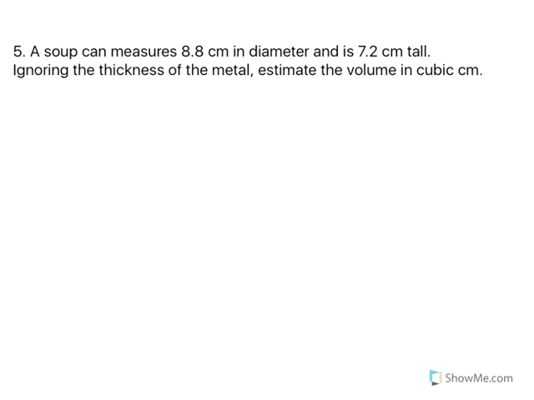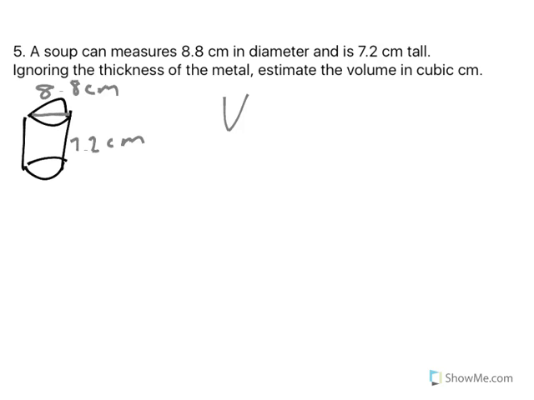All right, let's do some circulars, some cylinders here. A soup can. Think about a Campbell's soup can or something else, but we have a cylindrical soup can, measures 8.8 centimeters in diameter. Now a diameter is across the center of the circle, and it's 7.2 centimeters tall. Now the volume of a cylinder is pi times the radius squared times the height.